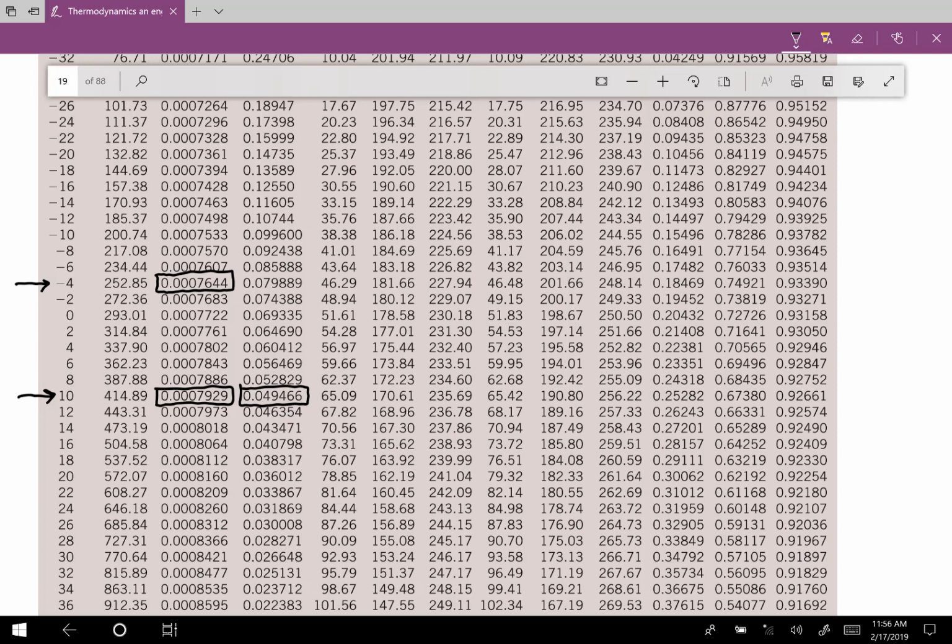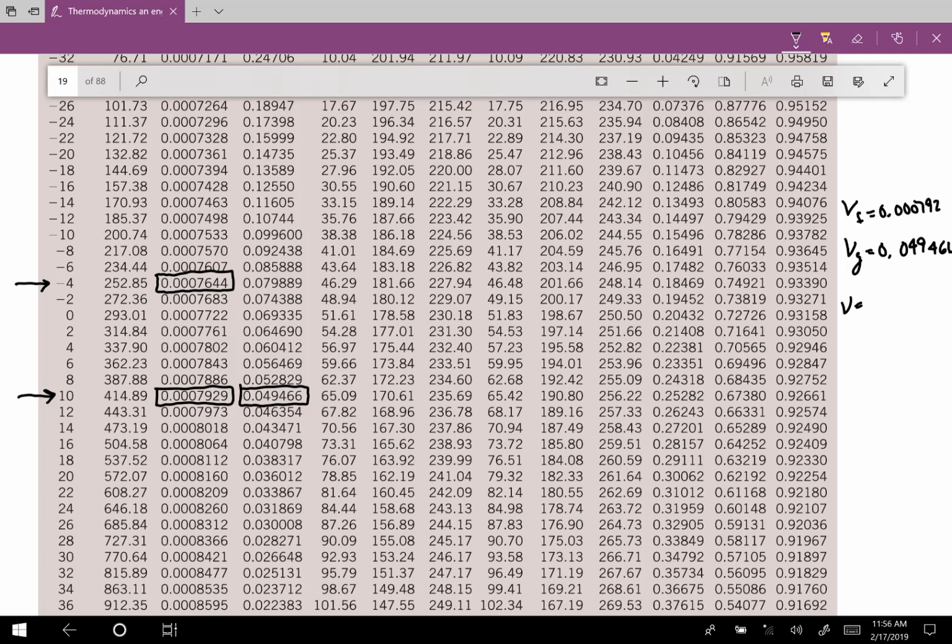So let's just write these down real quick. vf is 0.0007929 meters cubed per kilogram, and the specific volume of the vapor is 0.049466 meters cubed per kilogram.